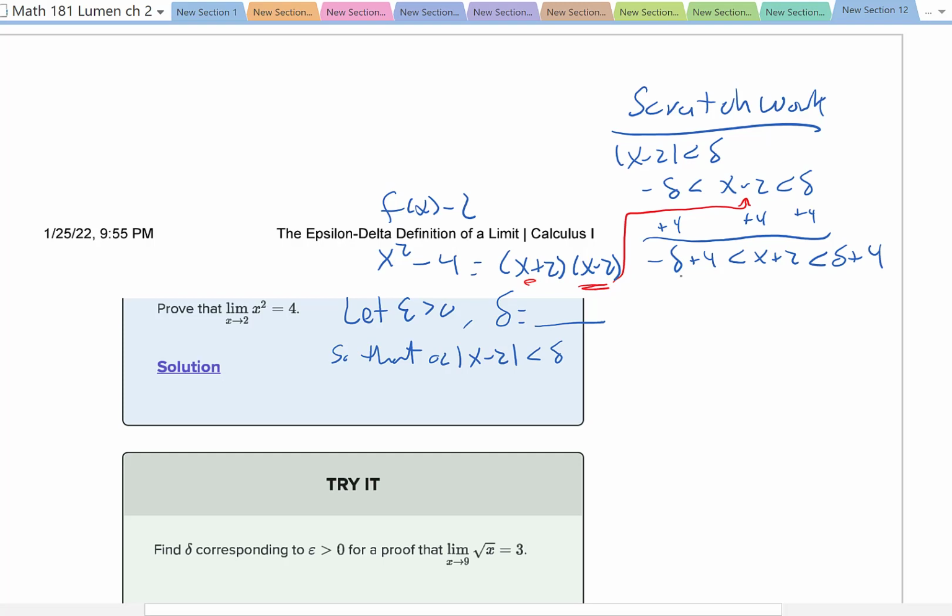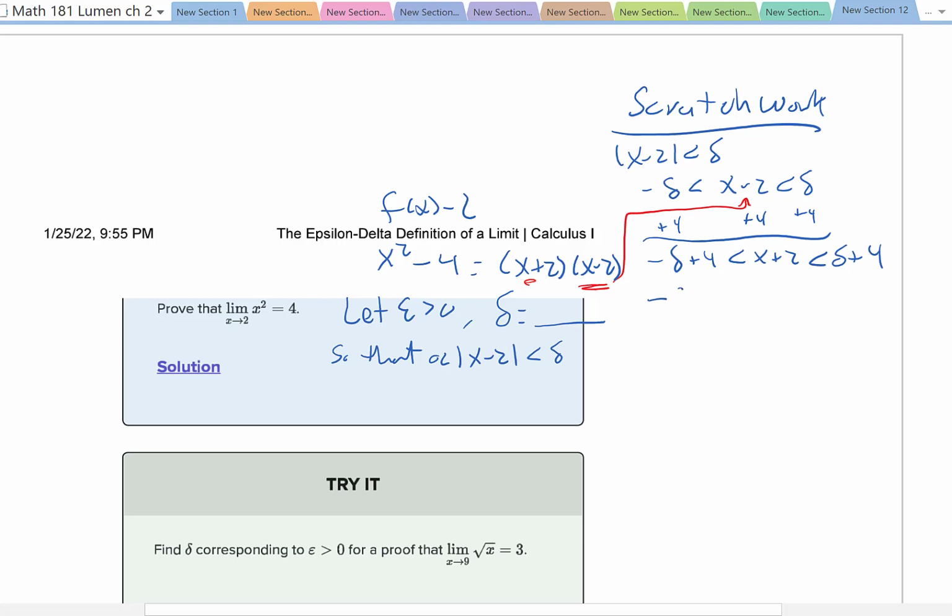If I factor out now, it would be the negative of delta minus 4. So we can make the upper limit higher, bigger. We can make the lower limit lower. We can't make the upper limit smaller because we don't know if it can go any smaller. And we can't make the lower limit any bigger because we don't know if it can go any bigger. But I can make this lower limit smaller to do the following.